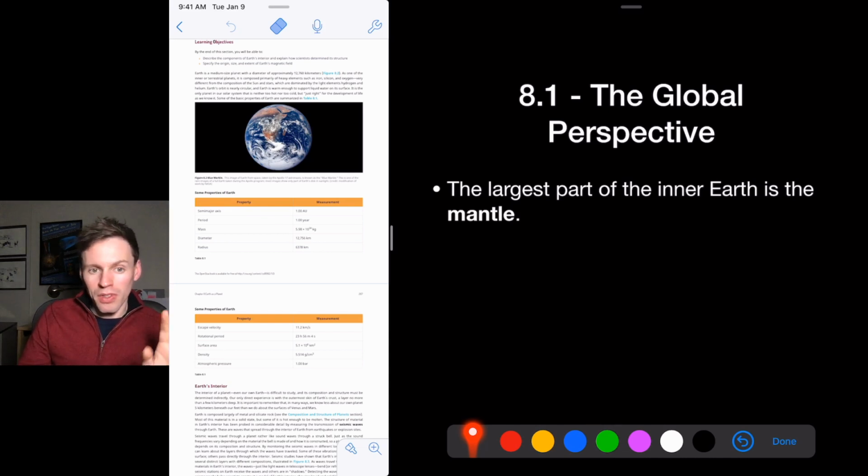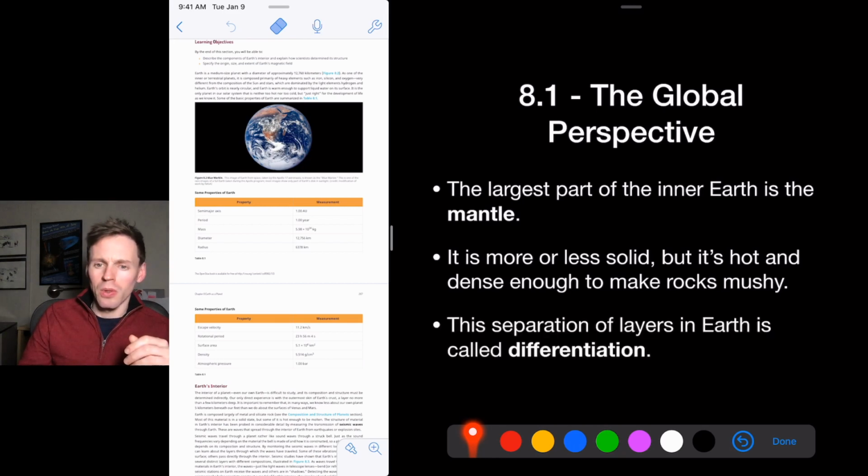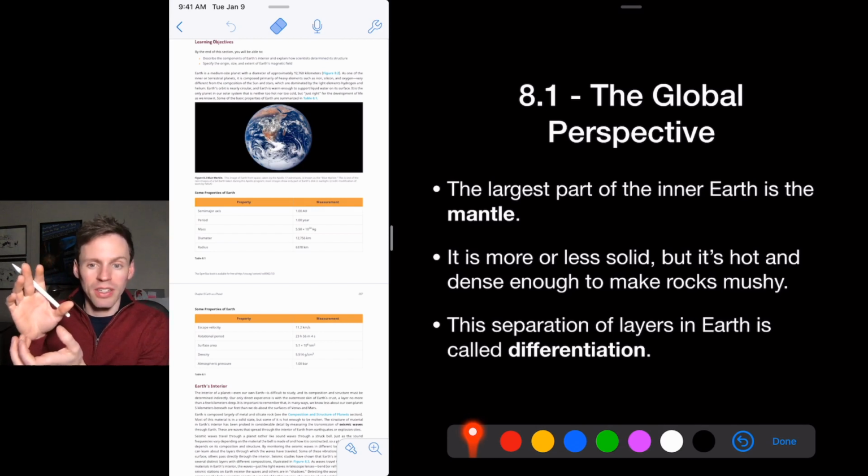The largest part of the inner Earth is called the mantle. It is more or less solid, but it's hot and dense enough to make rocks a little mushy. The center of the Earth is the densest, heaviest stuff. The separation of Earth into different layers is just like olive oil Italian dressing sitting on the counter.